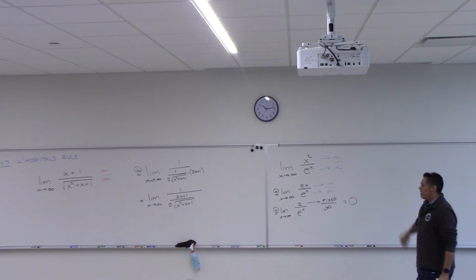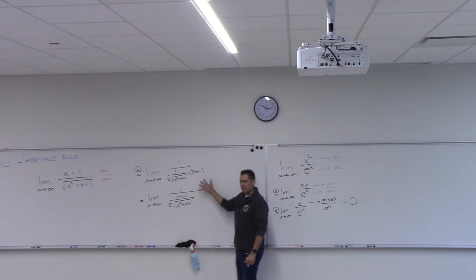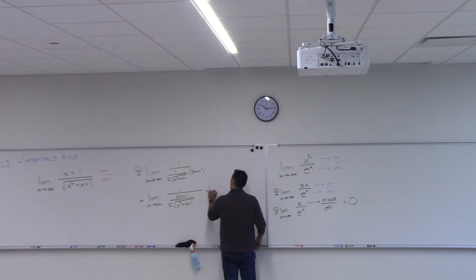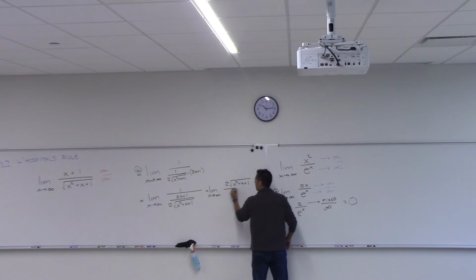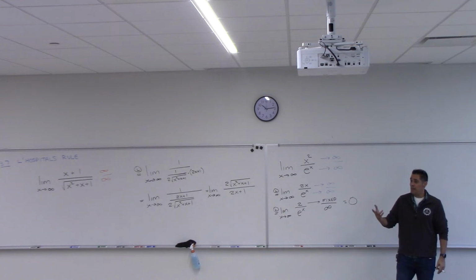I have 1 divided by a fraction, don't I? So can't I just flip this over? So this is the limit as x goes to infinity. The 2 square root of x squared plus x plus 1 goes on top. And the bottom, it's 2x plus 1. And now I take the limit again.